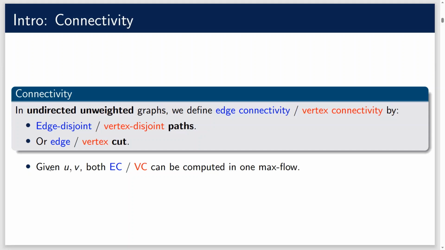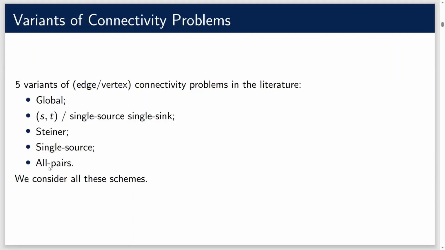In this paper, we consider undirected unweighted graphs. Given a source and sink U and V, both edge connectivity and vertex connectivity can be computed in one max flow. So ST vertex connectivity is in near-linear time.